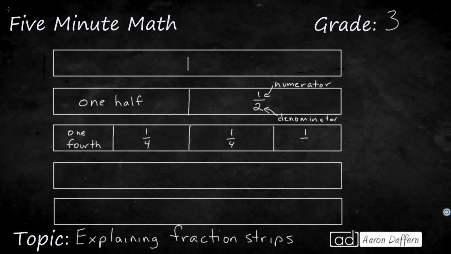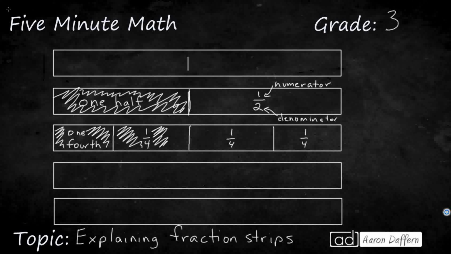Now before we go on, watch what we can do. We can generate equivalent fractions simply by looking to see where we see some vertical lines lining up. 1/2 only has this one vertical line right there. So if I were to shade in this 1/2, then I would have to shade in 2/4 to equal that 1/2.